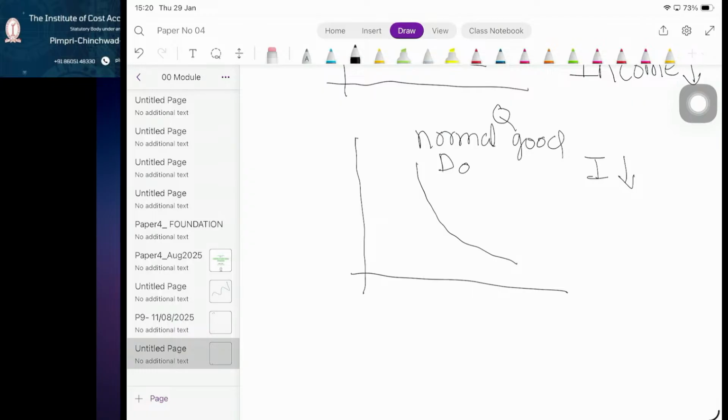Can you all try to draw that new demand curve? Okay, whenever you are doing economics, ensure that you draw a lot of diagrams. That is the best way of learning the subject.